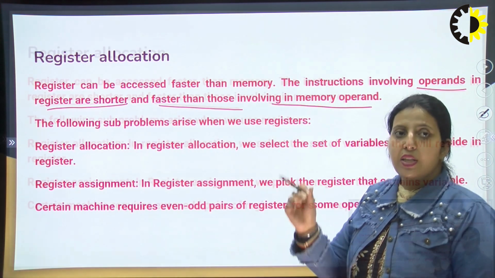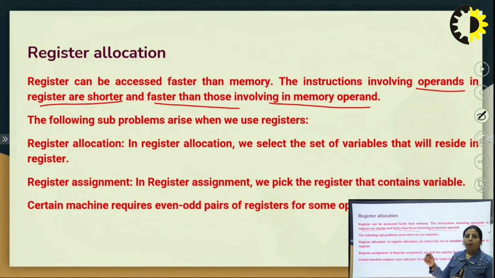That means if the instructions involve operands in registers rather than in memory, accessing becomes faster. So the following sub problems arise when we use registers. These two problems will arise.